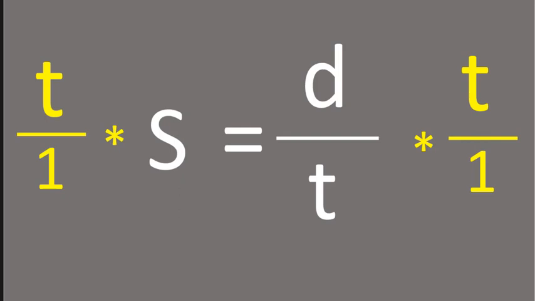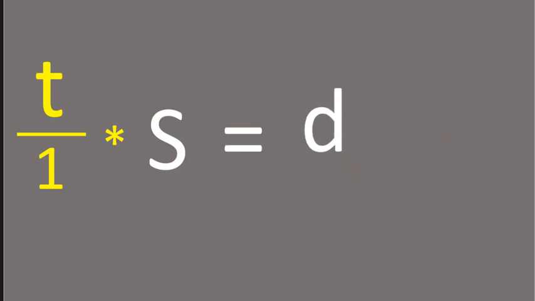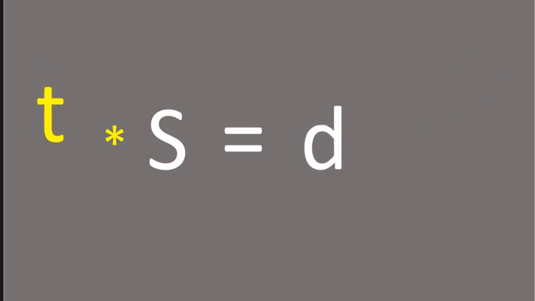Here I convert the T into fractions, and when we go through the math, the T's on the right side cancel out. We have D all by itself, and we end up with T times S equals D. And that's the basic math on how to do these formulas.